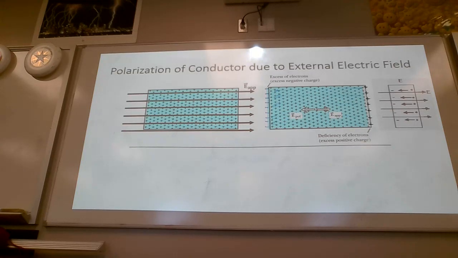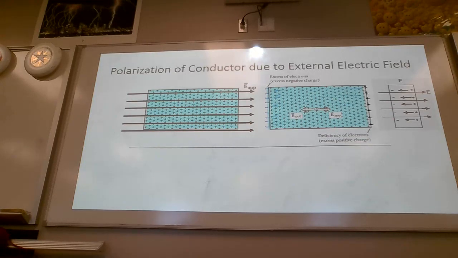So, factoid, memorized, take it with you to the exam and thereafter. If you are with static electricity, a conductor will have a net electric field of 0 in the interior of the conductor.